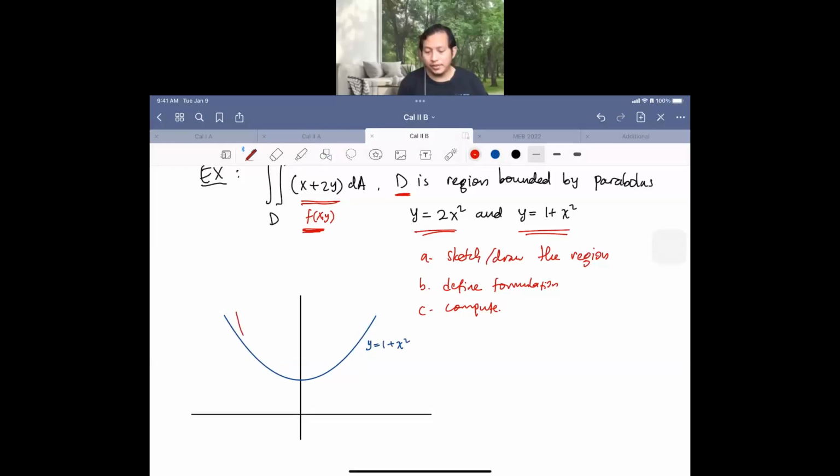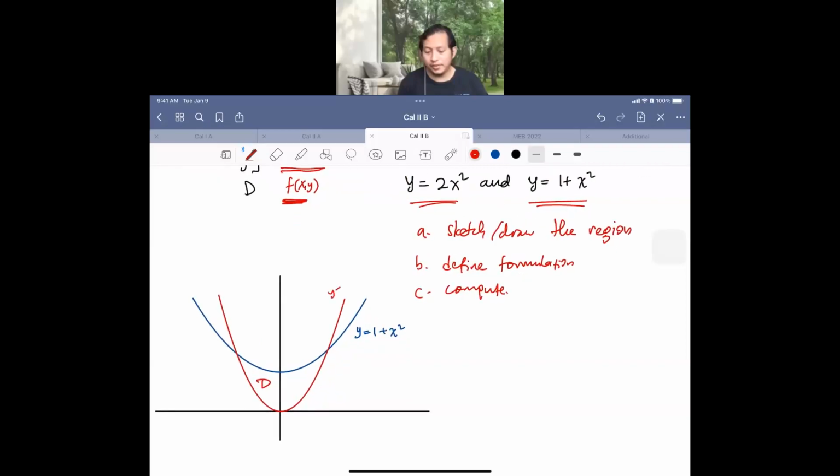And then y equals 2x squared, probably here. Let's say that's maybe a little bit wider. Okay, maybe that's the point. So this is our D. Maybe right here, 2x squared.